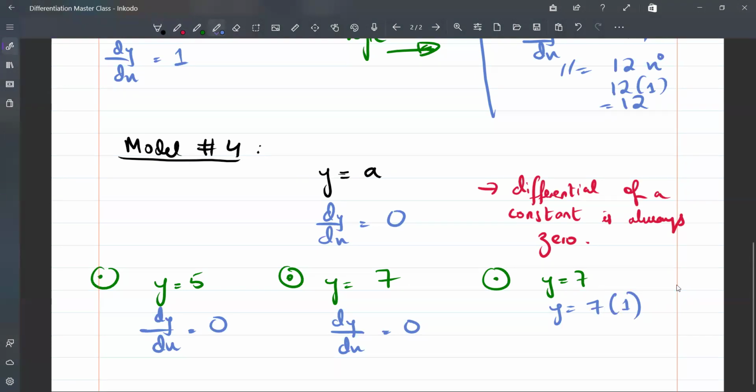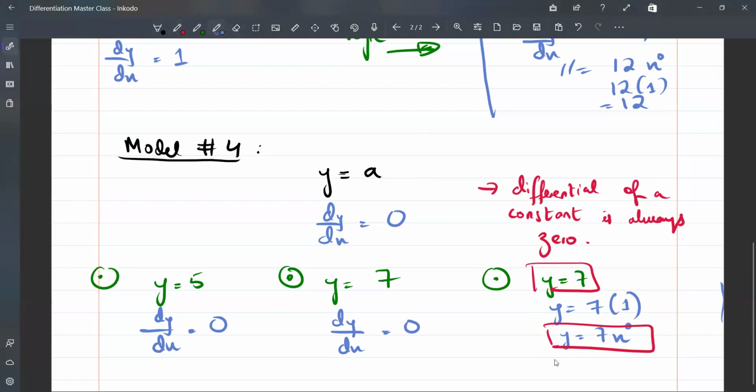It is multiplied with 1. And we know that we can write 1 as x power 0. And now if we differentiate this, which is equivalent to this, we will get 0.